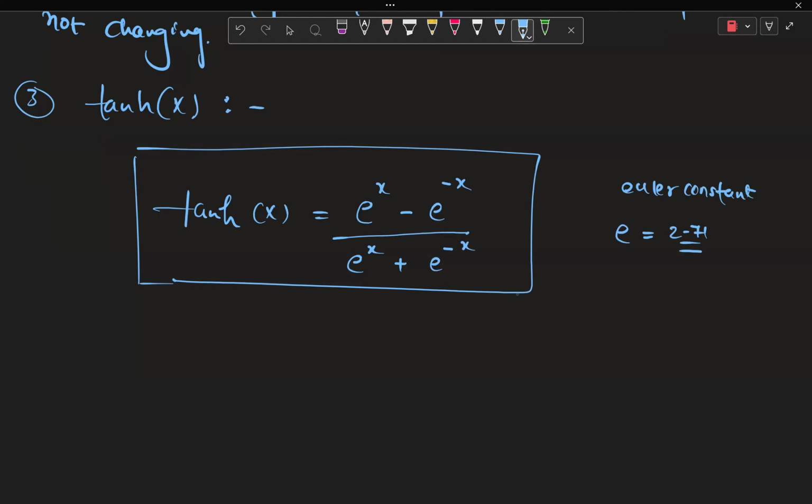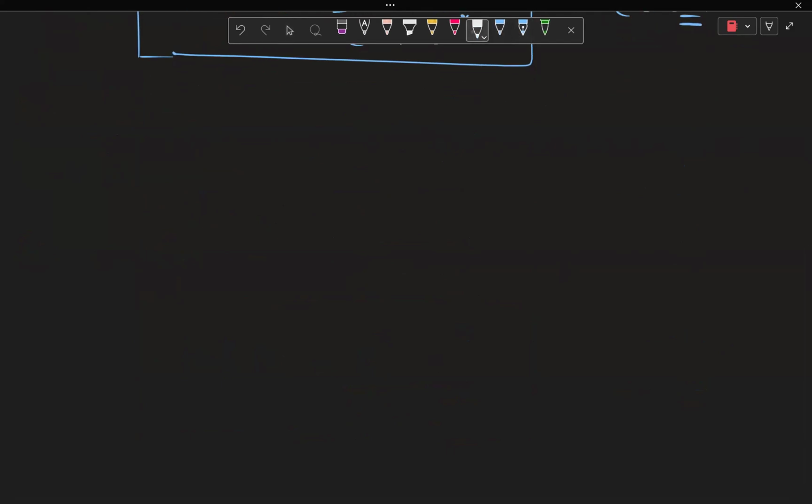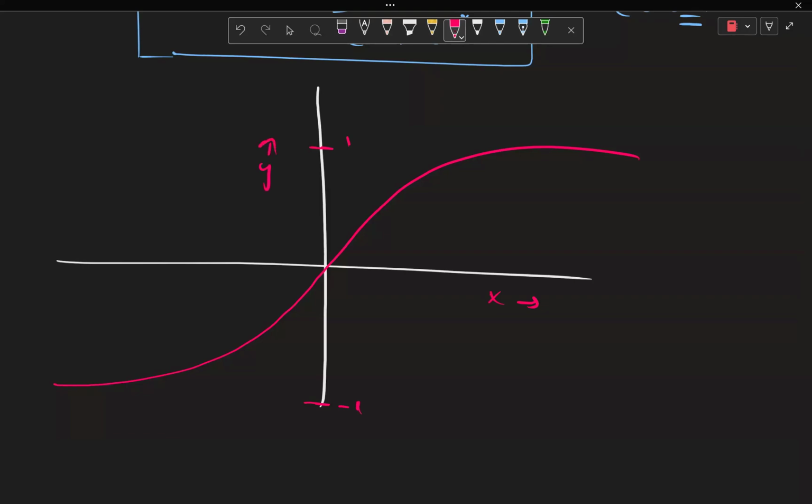If I plot the graph of this tanh also, this is called -1, this is called 1, this is the x-axis, this is the y-axis. Here, the range of y is -1 to +1.